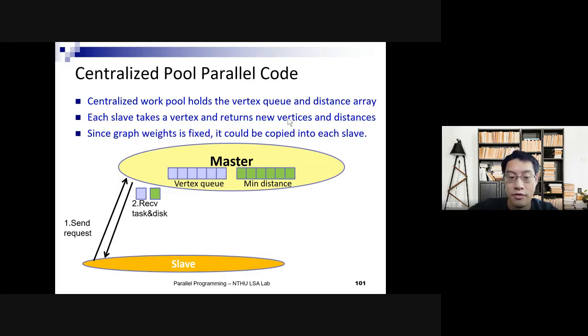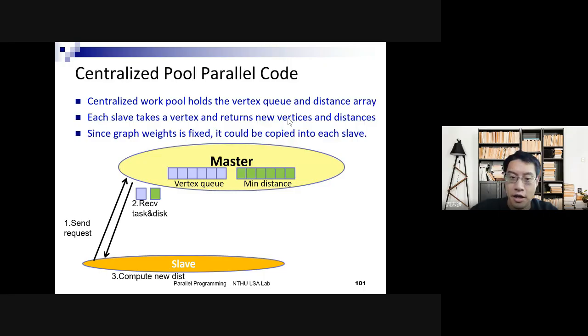If the work pool is empty, then he knows the program can complete. But that is because the master has global information. He controls everything, so he can determine by himself when the program should terminate.